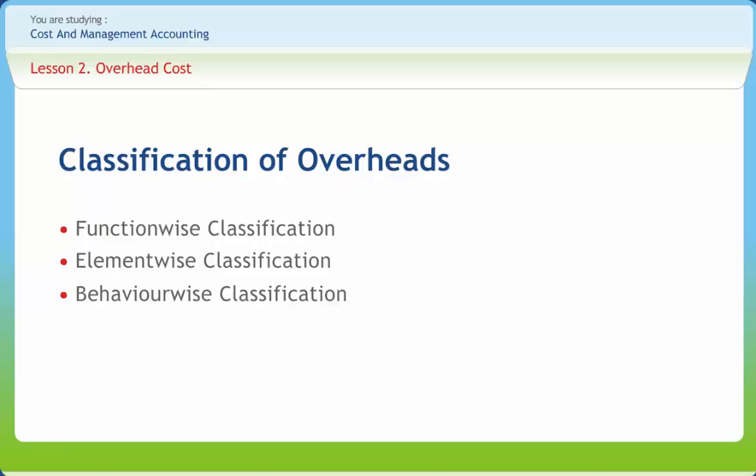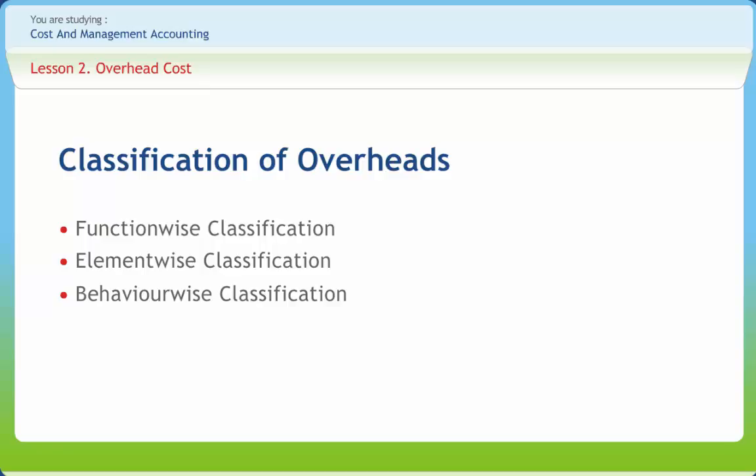Under behavior-wise classification, the overheads are classified into three major categories based on behavior, that is, variability. Some overheads remain constant, unlike others, irrespective of the volume of production. The behavior-wise classification is carried out on the basis of the following segments, that is fixed, variable, and semi-variable.